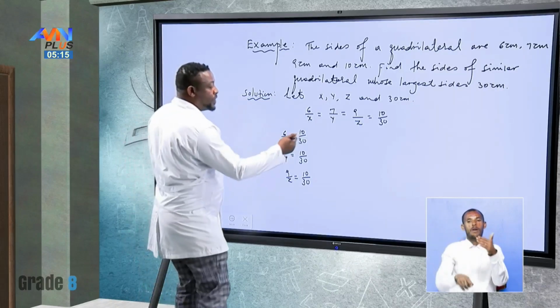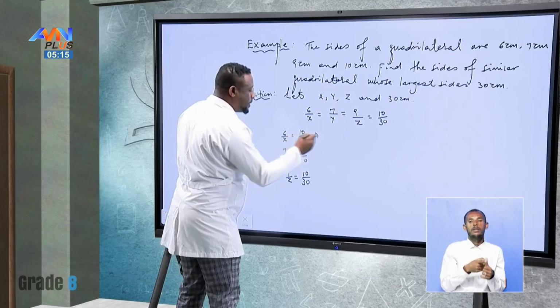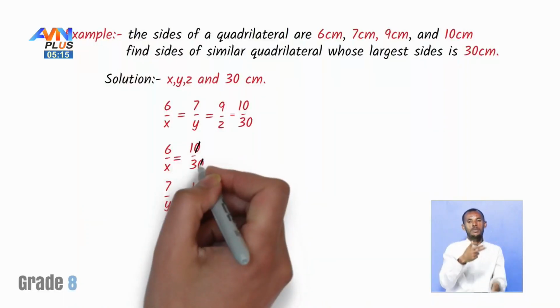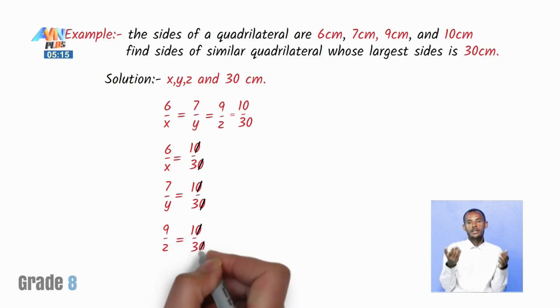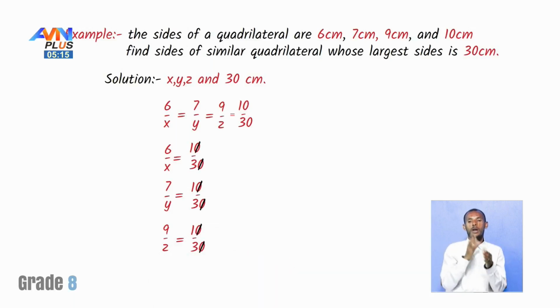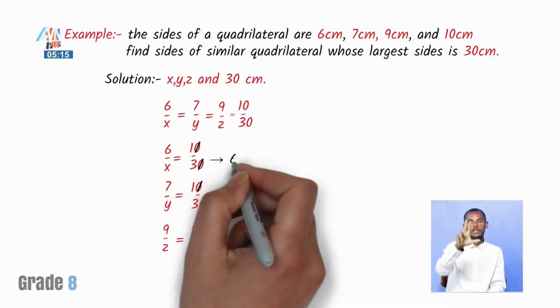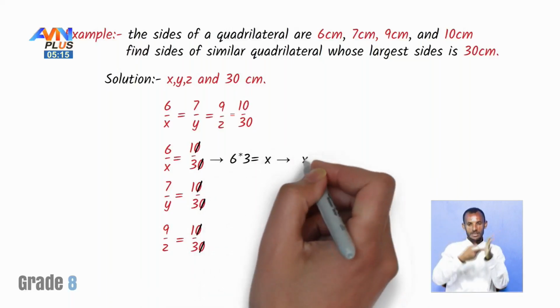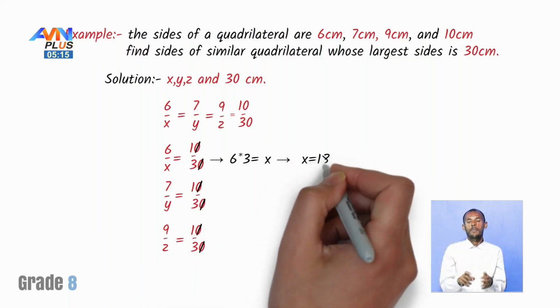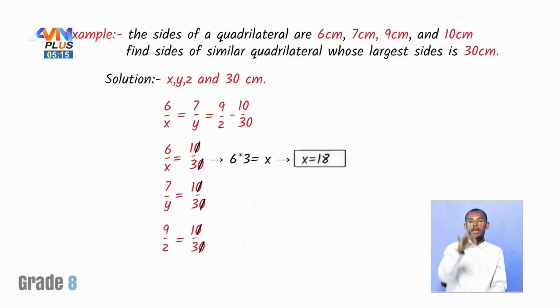So from the first one, you can simplify each of these things, okay? So that our calculation will be easier. So crisscross each equation. 6 times 3 is equal to X. So this implies X becomes 18. Okay?